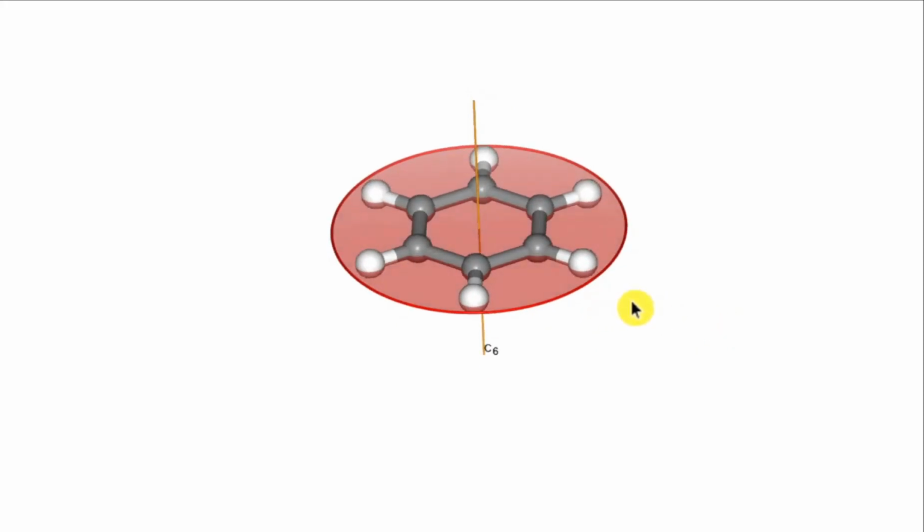So this plane is a horizontal plane. A horizontal plane is a plane that is perpendicular to the principal axis of rotation. Now we know that the axis I have told you just now, the C6 axis, is actually the principal axis for benzene, and the reflection plane is known as a horizontal plane.